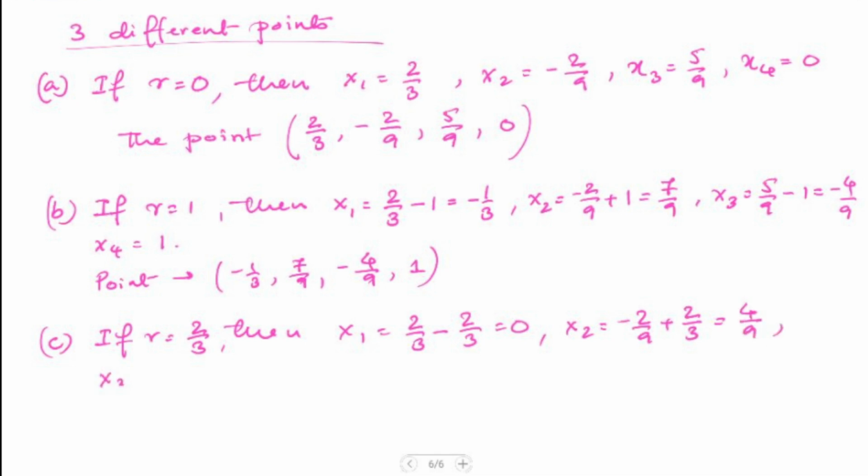And x3 is equal to 5 over 9 minus r, 2 over 3, and that's equal to minus 1 over 9 here, and x4 is equal to r, that's 2 over 3.